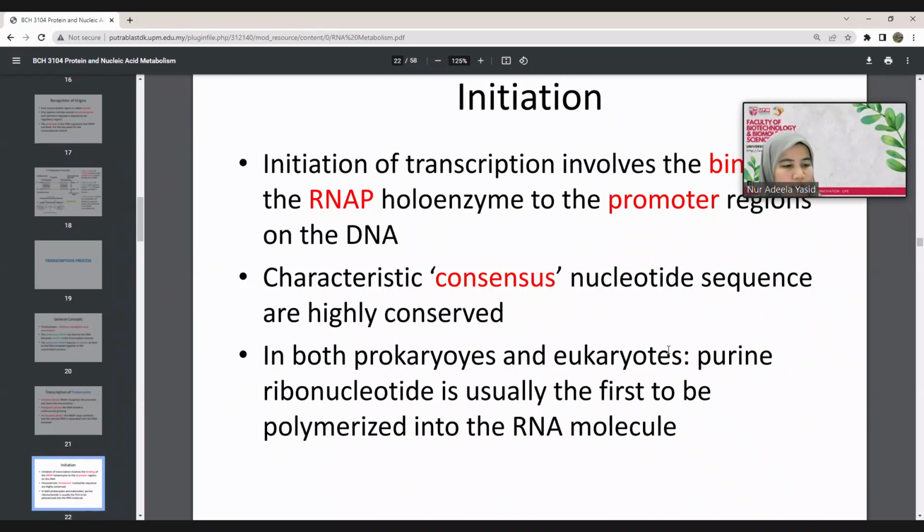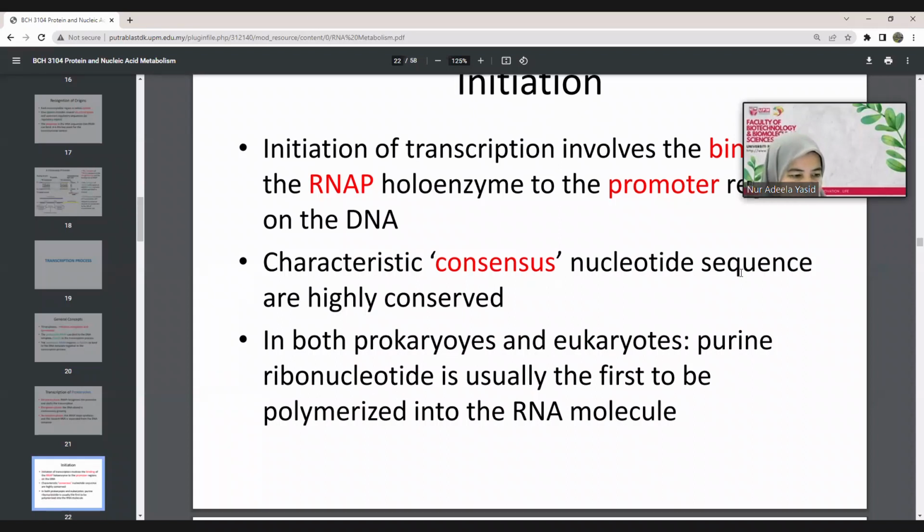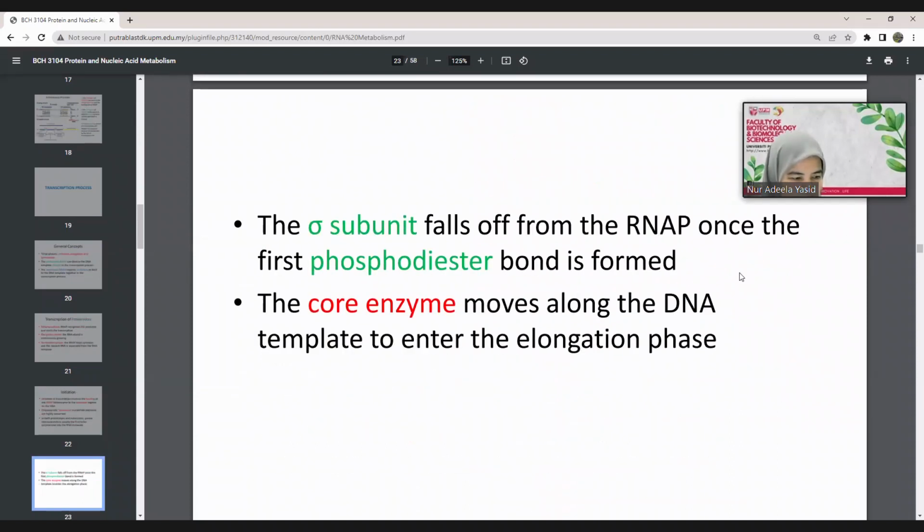In both prokaryotes and eukaryotes, a purine ribonucleotide is usually the first to be polymerized into the RNA molecule. Once the interaction is made between the enzyme RNA polymerase and the promoter, the sigma subunit of the enzyme will bind to the site and will fall off from the RNA polymerase.